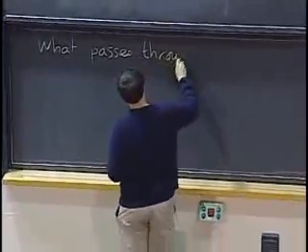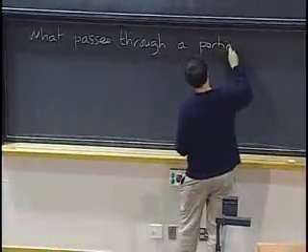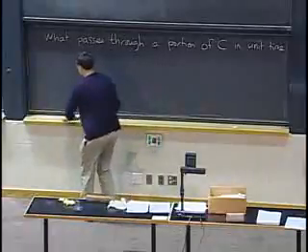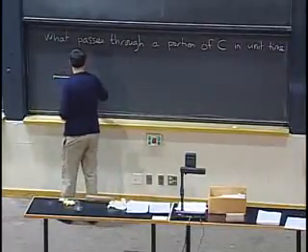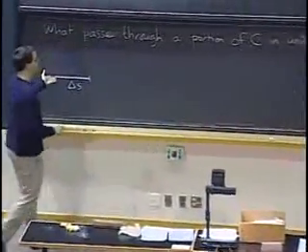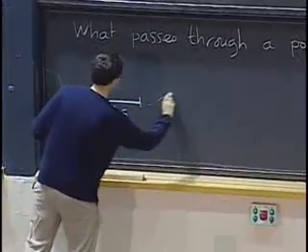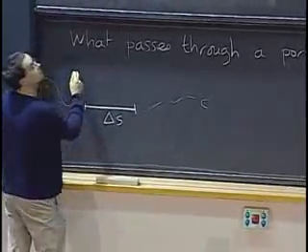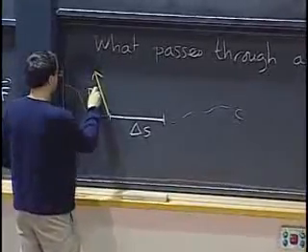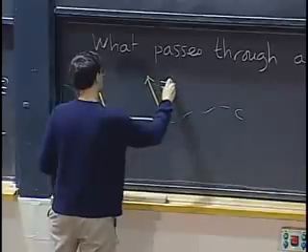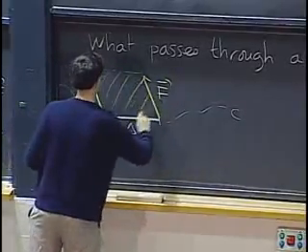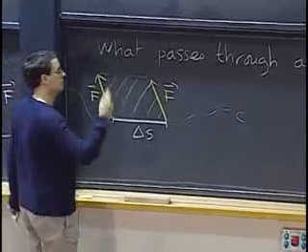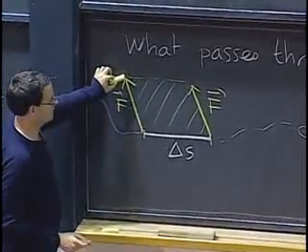What passes through a portion of C in unit time is the content of a parallelogram whose base is on C, so it has length delta S. That's a piece of C. The other side is going to be given by my velocity vector F. To find the height, I need to know the normal component of this vector.